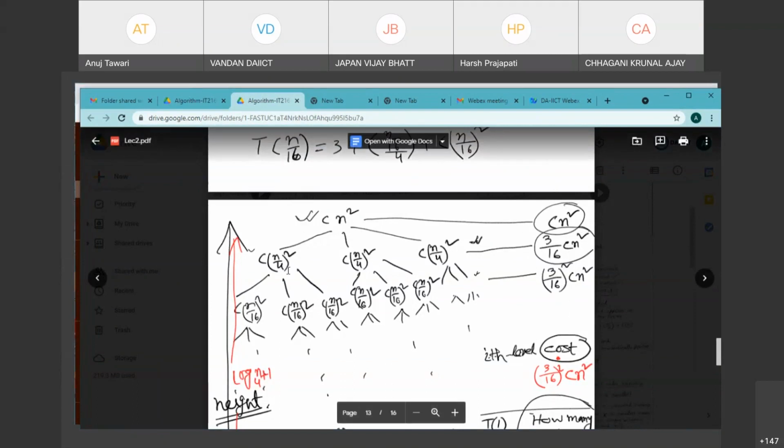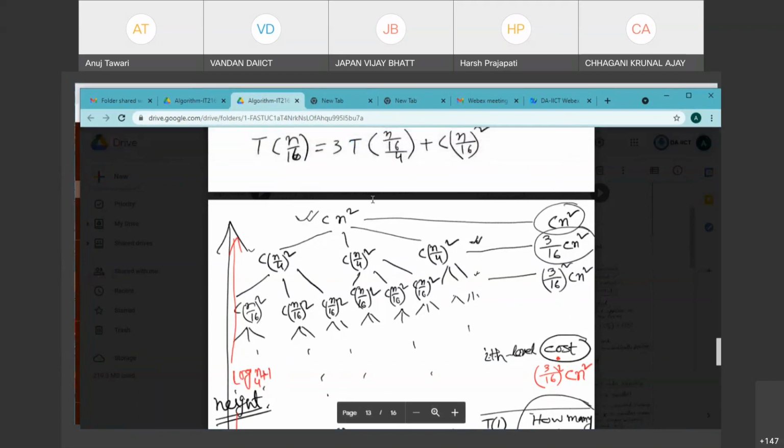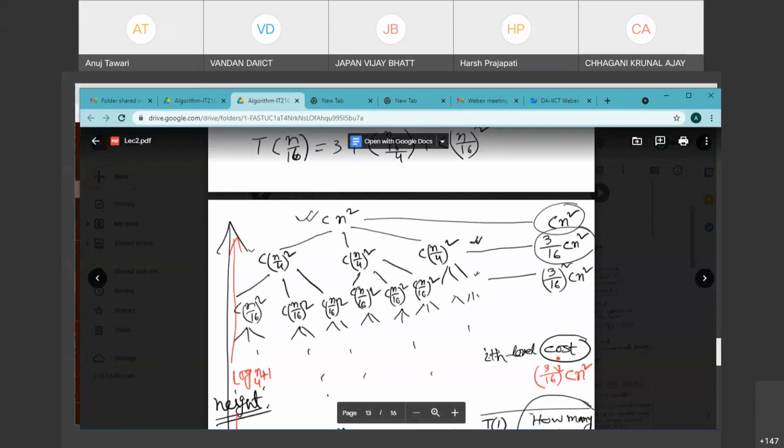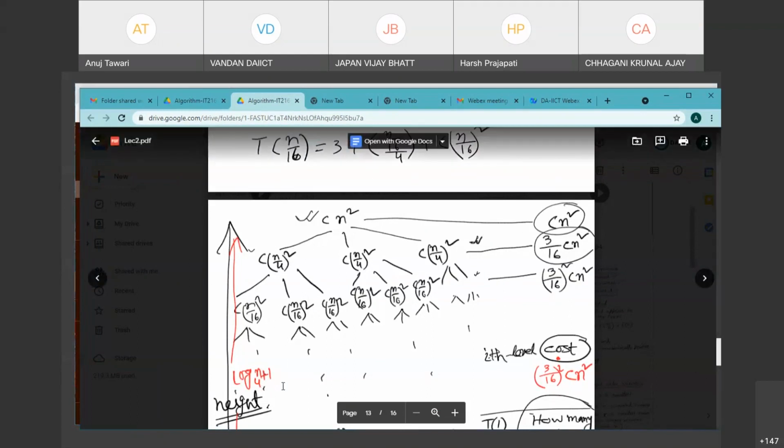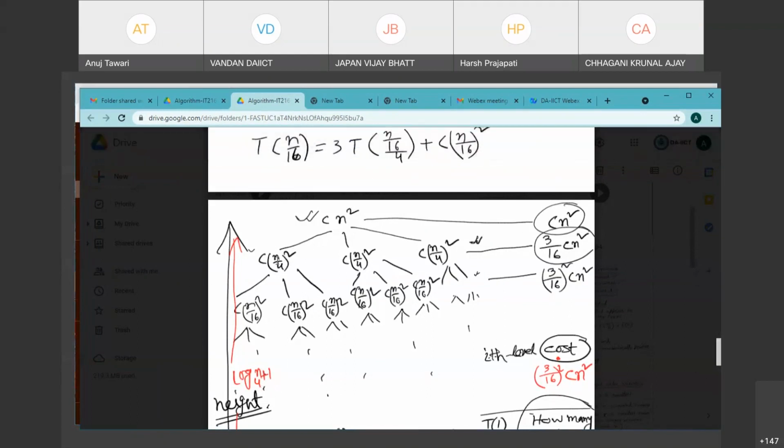And how long will this tree grow? So every time we are dividing by 4, and this tree stops growing when n becomes equal to 1. So you keep on dividing by 4.